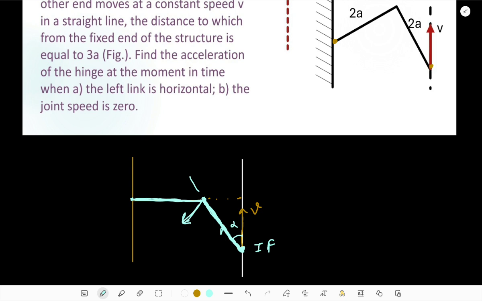The velocity of the hinge at the moment with respect to our observer is 0, and it's going to get velocity in a direction perpendicular to the rod. So the acceleration will automatically be in that direction, because it is at rest at this moment.